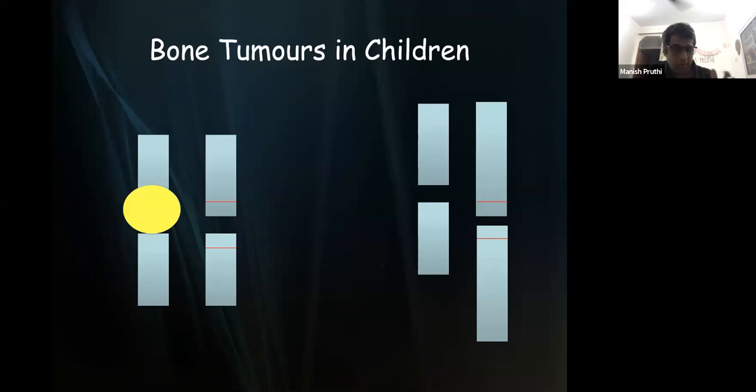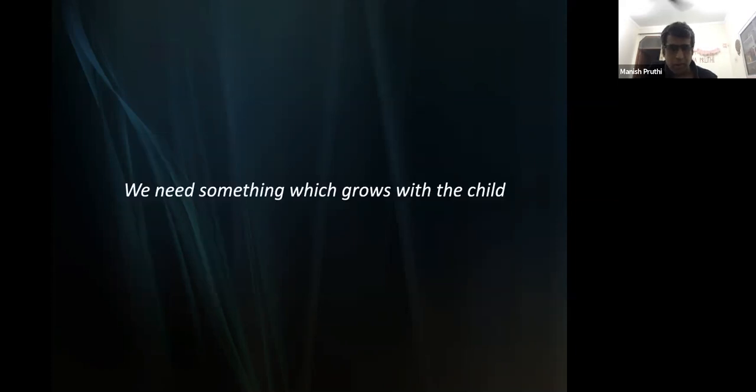In the picture on the right, there's a yellow tumor in the lower part of the femur, and in the normal bone, we have a physeal line in the distal and the proximal part of the bone. This is where the major knee growth happens, which is almost 80% of the limb growth. So the normal limb will keep growing, but the affected limb will stop growing if we put a conventional mega prosthesis, because we are removing the proximal and the distal physis. So we need something which can grow with the child.